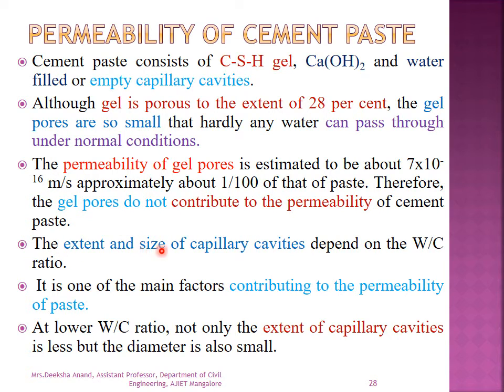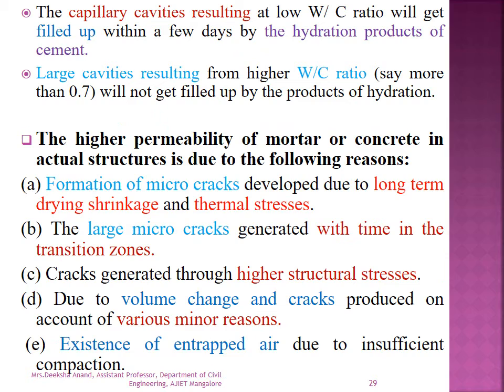The extent and size of capillary cavities depend upon the water cement ratio, which is one of the main factors contributing to the permeability of the paste. At lower water cement ratio, not only is the extent of capillary cavities less but the diameter is also small. Large cavities resulting from higher water cement ratio will not get filled up by the products of hydration. Cracks are generated through higher structural stress.